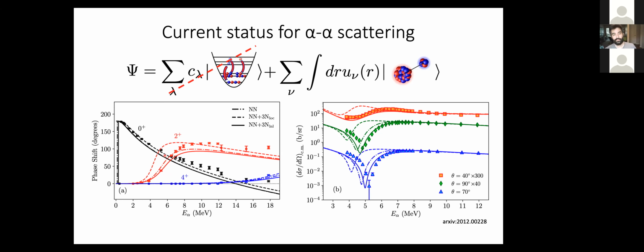So you see that if you use a local regulator, which is this dashed line, you move further away from the experimental data. Whereas if you use a local, non-local regulator, you are staying in the same ballpark. In fact, if you look at the differential cross sections, you can see that you are agreeing very well with the differential cross section, only with the local, non-local, not so much with the local.